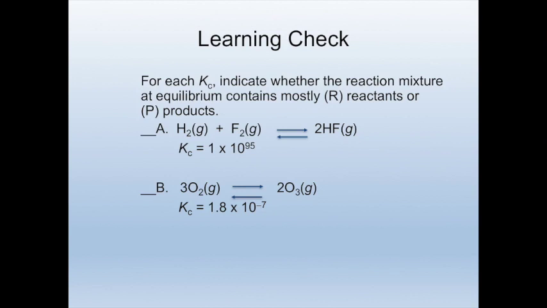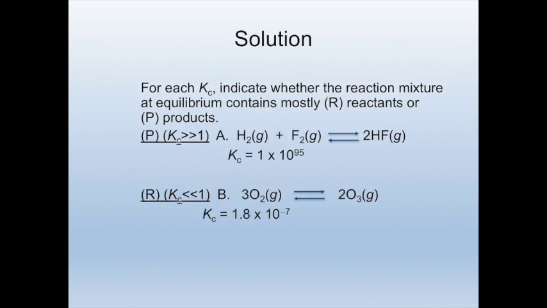And reaction B is the reaction of 3 oxygen molecules to produce 2 ozone molecules, and that has an equilibrium constant of 1.8 times 10 to the minus 7. So it can be seen that reaction A has a large equilibrium constant, so it will favor products, and reaction B has a small equilibrium constant, so it will favor reactants.